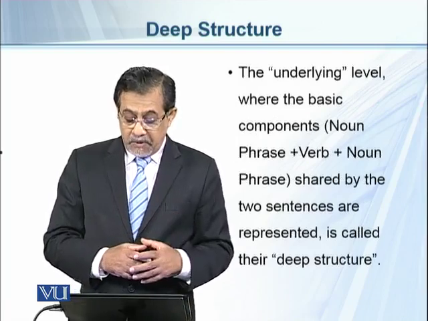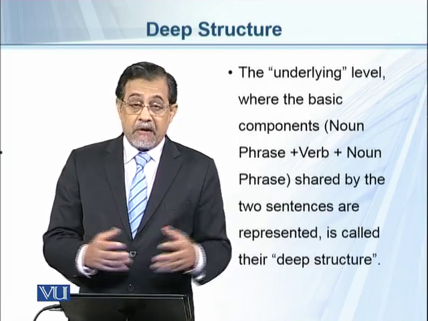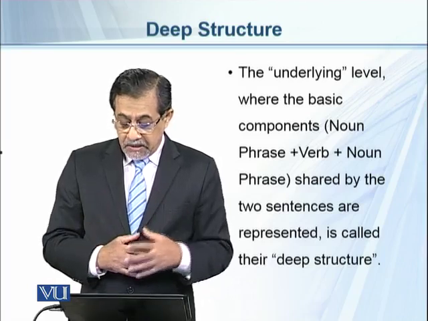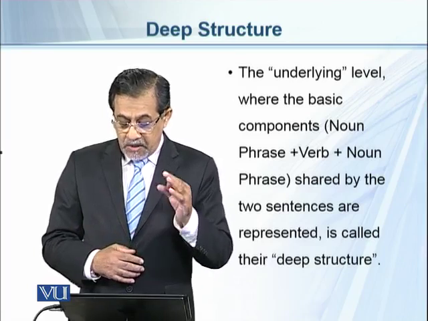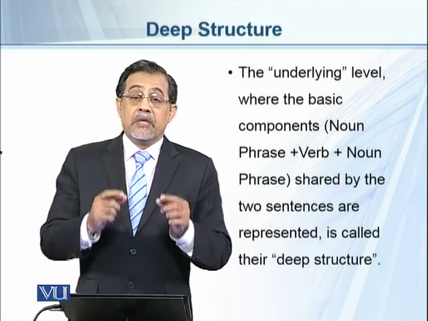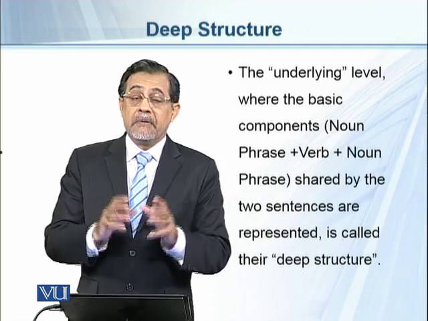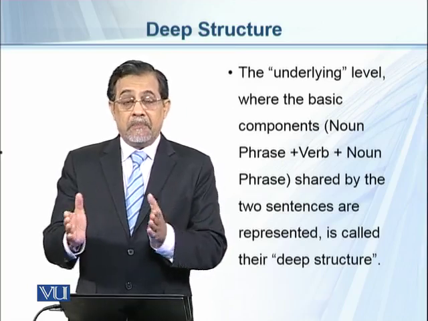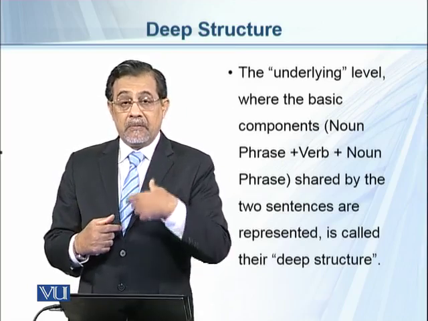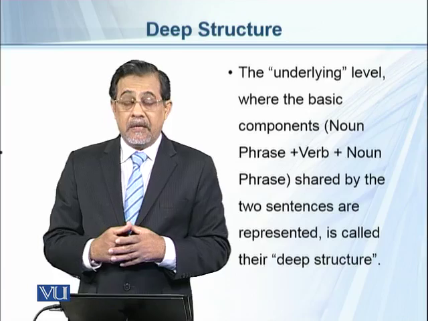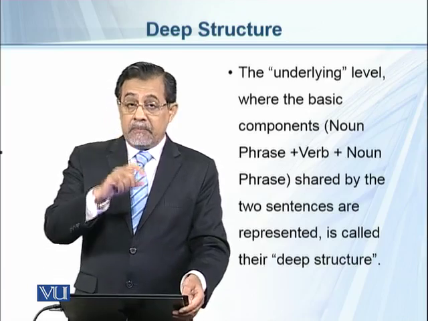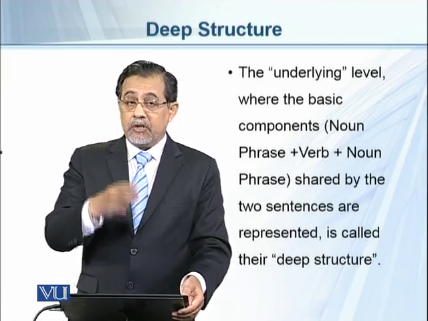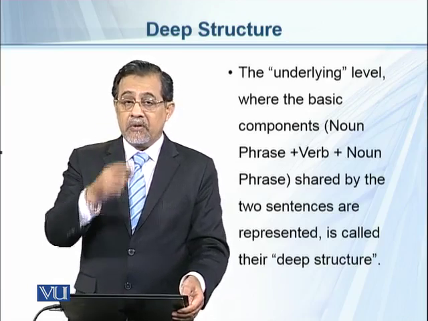The underlying level where the basic components like noun phrase, verb phrase, etc., shared by the two sentences are represented is called their deep structure. So all noun phrases remain the same, though they change their places when they come onto the surface level, right? So the surface level is actually the representation of the deep structure or deep level.